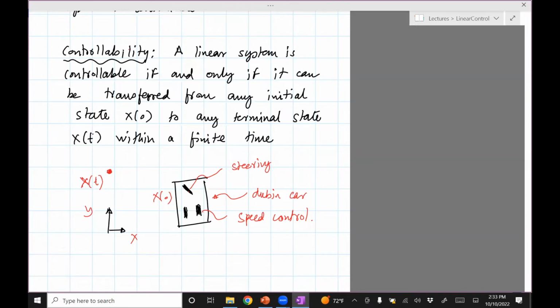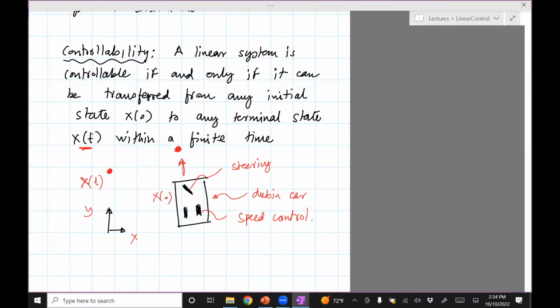Now, if that goal is here, in the straight direction, yes, I can achieve that point. But remember that this definition says any terminal state. Since our system is supposed to move in the XY plane, this is a special case, and this one is not a special case. It's like any point. So it cannot reach this point, but can reach that point if we remove the steering, and that means it's uncontrollable.